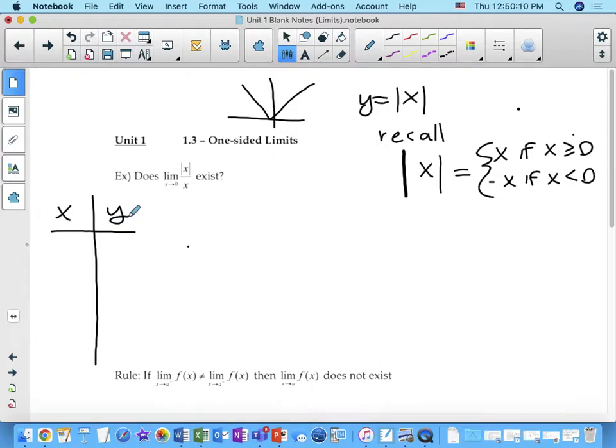Okay, so let's say x is 3. Absolute value of 3 over 3 is 1.